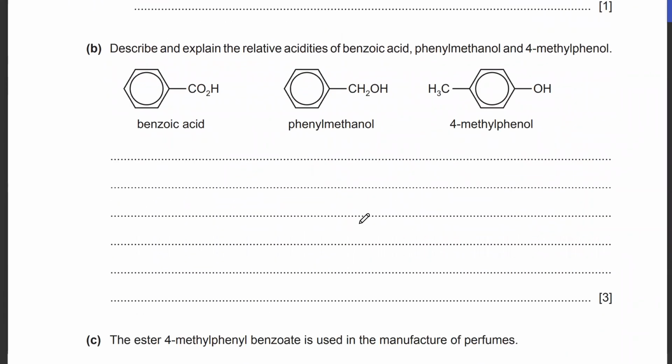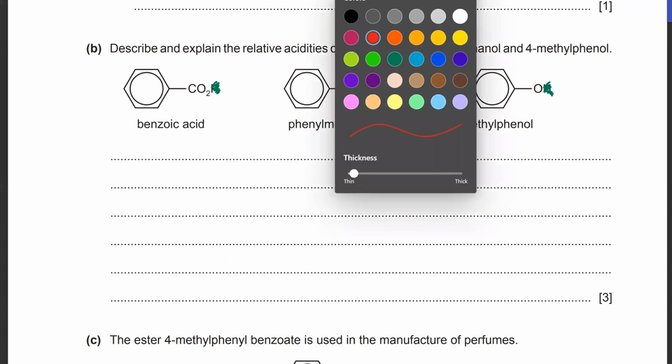Now describe and explain the relative acidities of benzoic acid, phenylmethanol, and 4-methylphenol. It all depends on the negative charge over here. Remember, we did the whole electron donating withdrawing thing.